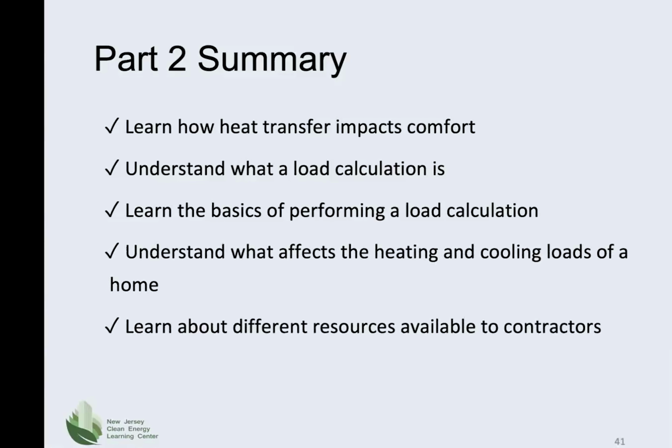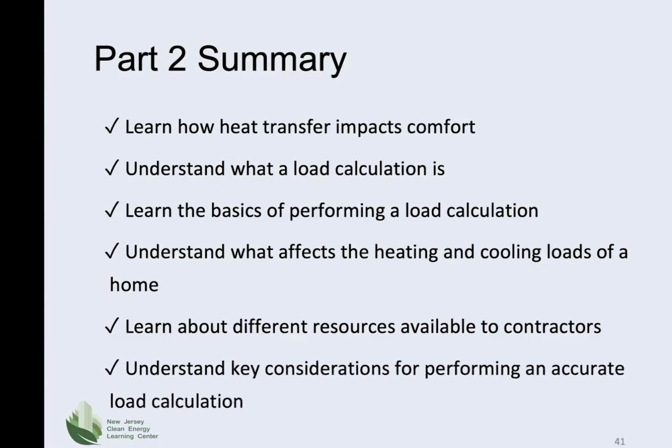We learned about the resources for load calculations and that they can be found on the Air Conditioning Contractors of America website, which is acca.org, as well as the Northeast Energy Efficiency Partnerships, or NEEP, and others. And finally, we touched on the key considerations for accurate load calculations, including heat transfer through the envelope, losses through the distribution system, and infiltration losses, and use these factors to determine the loads and select the appropriate equipment.